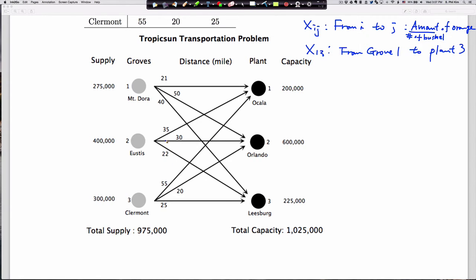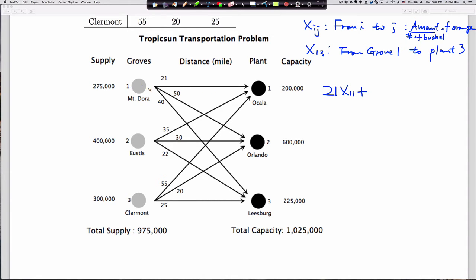So what we want is, what is your transportation cost? If you send a certain amount from 1 to 1, the transportation cost will be 21 times x11, right? And then what is next?